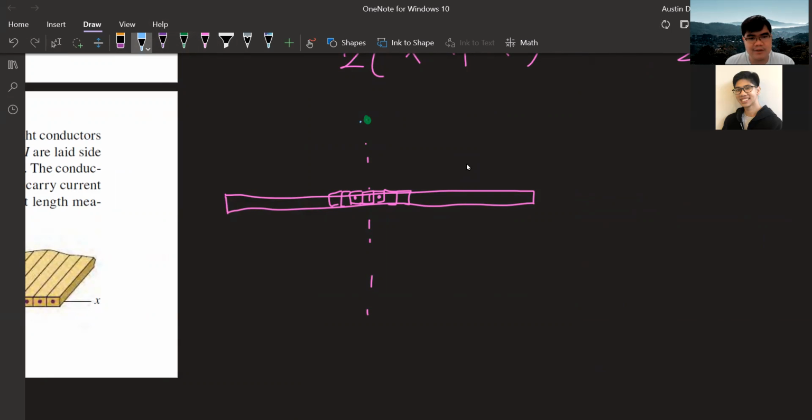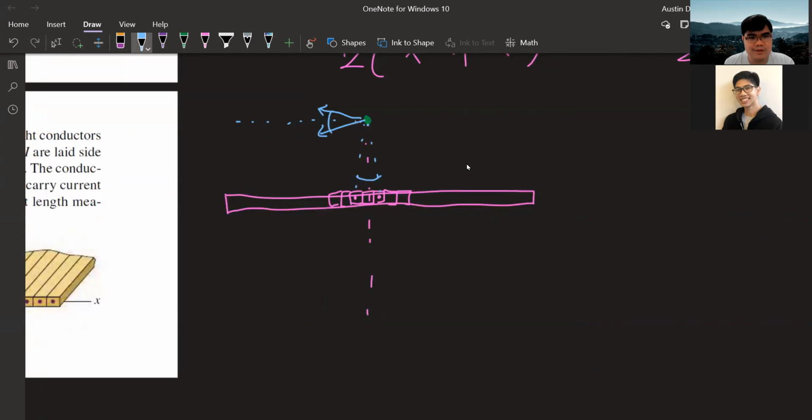So first, I'll take the one on the left. By the right-hand rule, it goes toward here, somewhat like this. And the other one, somewhat like that. Okay. Notice that since this is the same distance, their angle is the same as this one's.